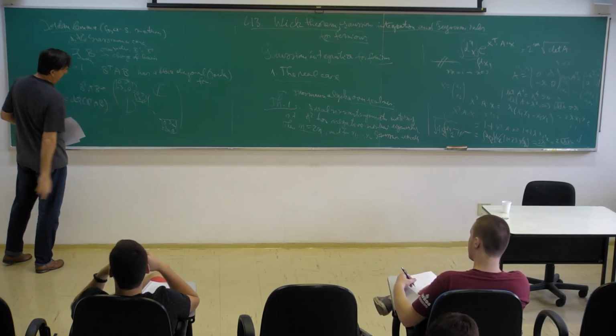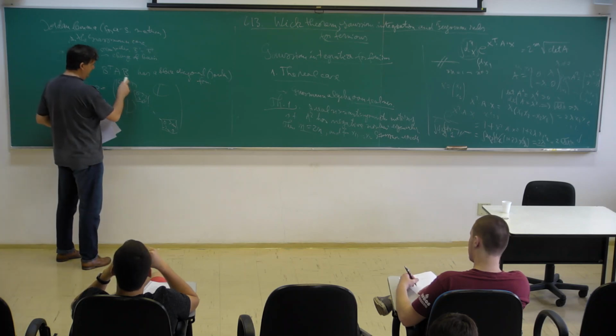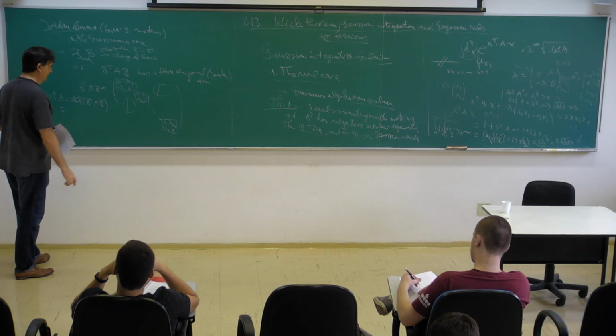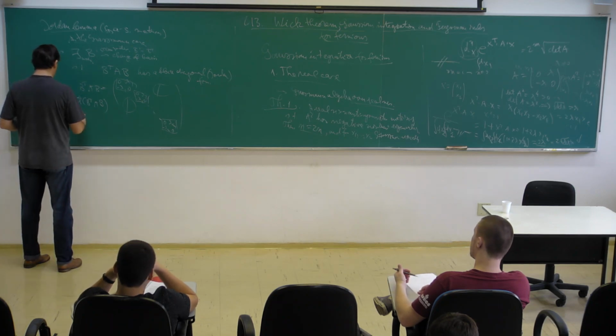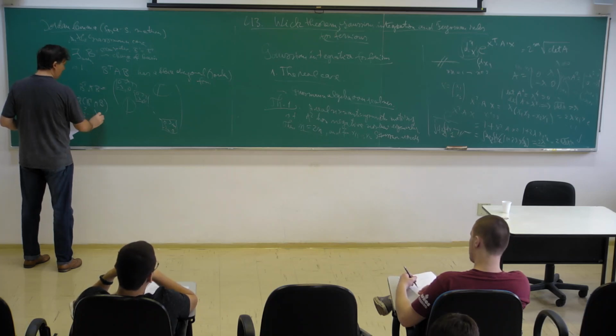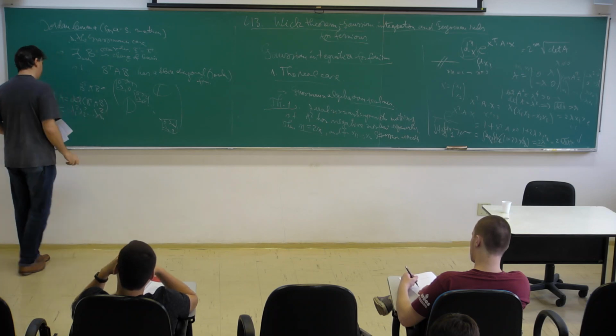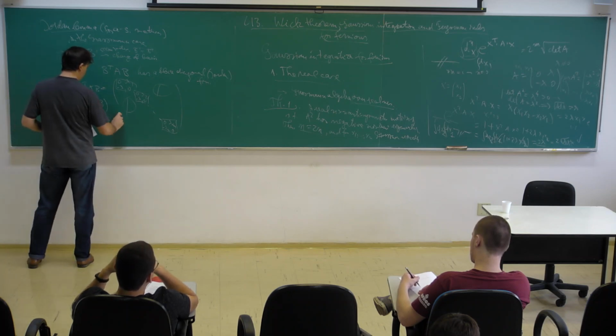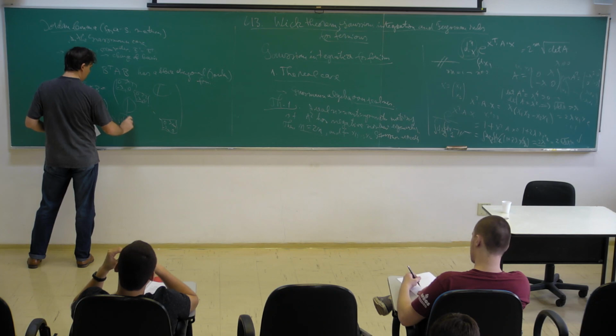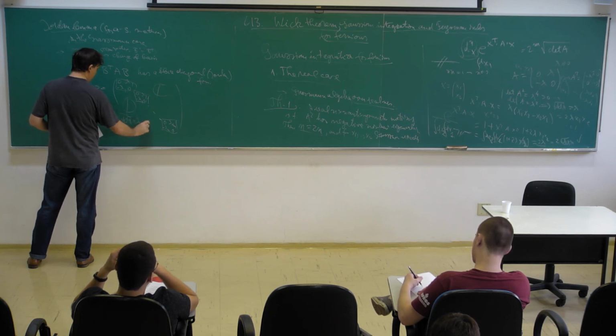B transpose AB has this block diagonal form, where for each block the determinant is lambda I squared. This is lambda 1 squared, lambda 2 squared, lambda n squared. So square root determinant A is lambda 1 to lambda n.